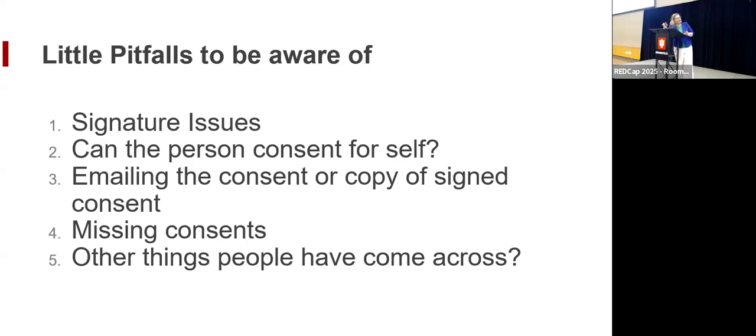Can the person consent for themselves? So what kind of population are you working with? Is there a chance that the people might be illiterate? Is there a chance that the person might have dementia or some other kind of issue?